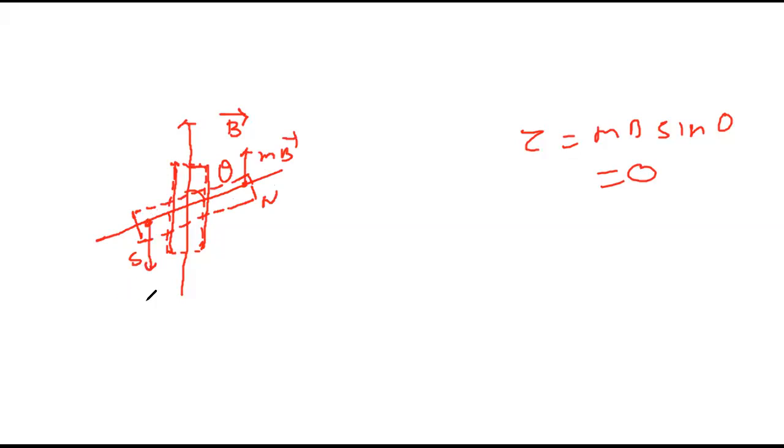These equal and opposite forces produce torque given by tau bar equals m bar cross B bar, which we have already proved earlier. Therefore, torque equals minus mB sine theta.